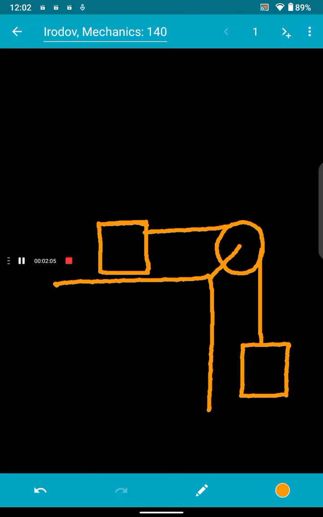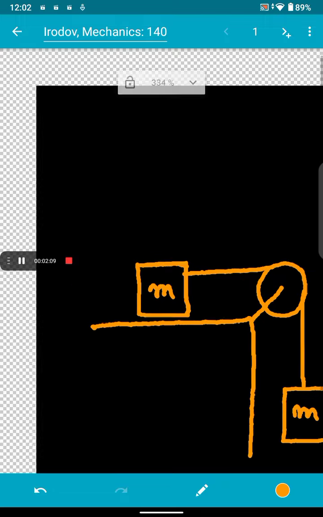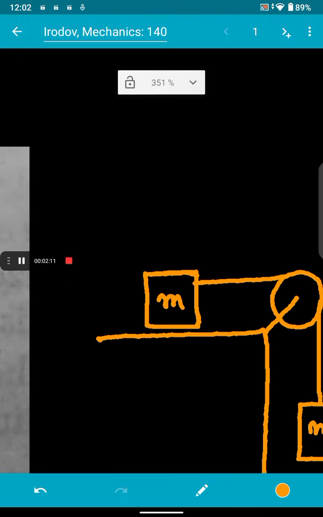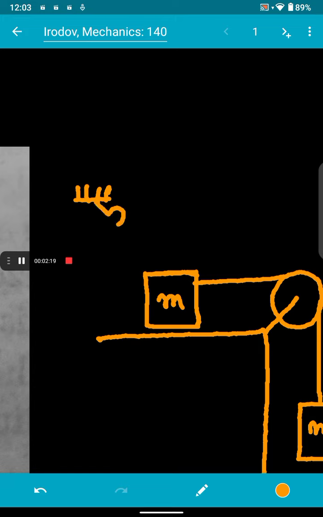So, okay, both are M. So now the spring will be how? This was the spring given in the question, and in this situation the spring will be quite like this, or let's draw a little more neatly.